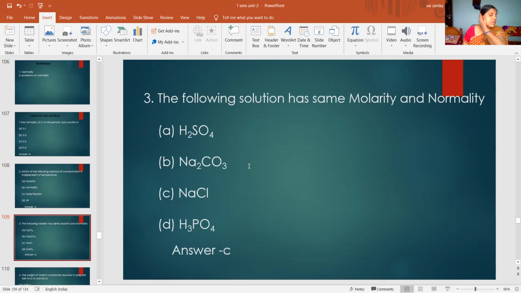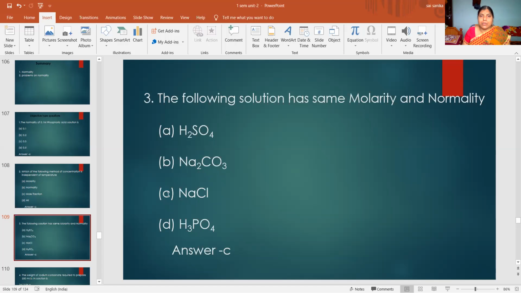If it is a salt, its charge is 1. Here, the first one is an acid, its basicity is 2. It is a salt, its charge is 2. Here, its basicity is 3. For the salt NaCl, its charge is 1. So the molarity and normality will be the same for NaCl.